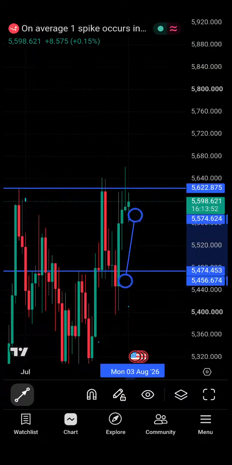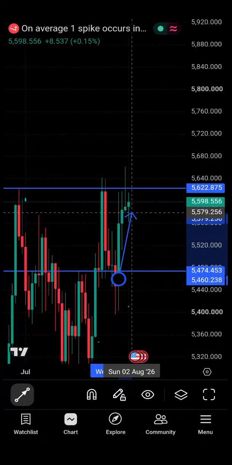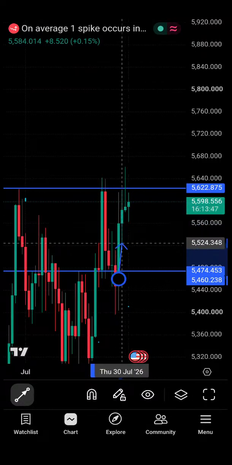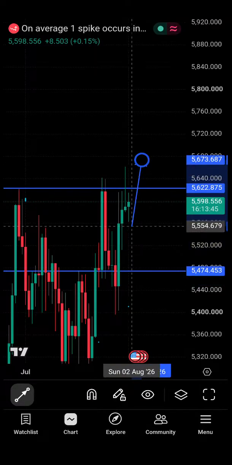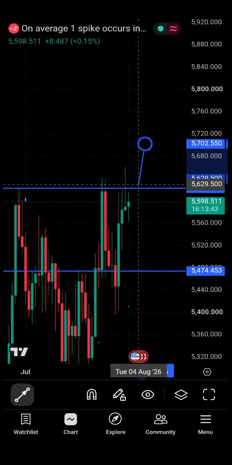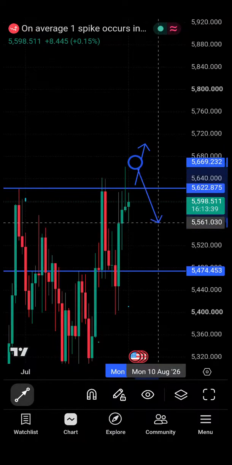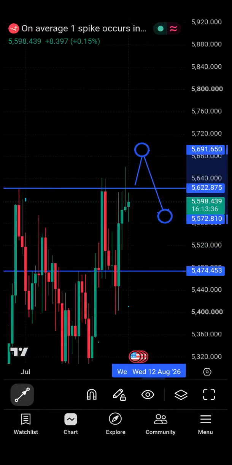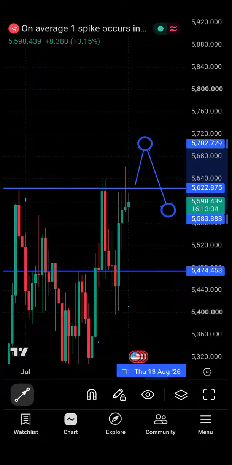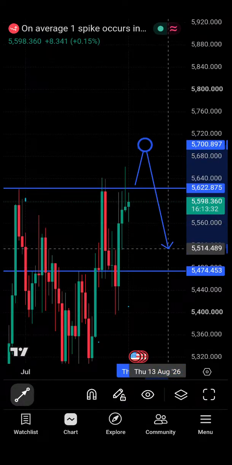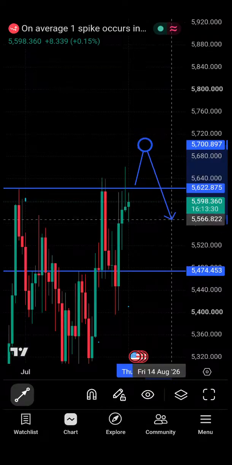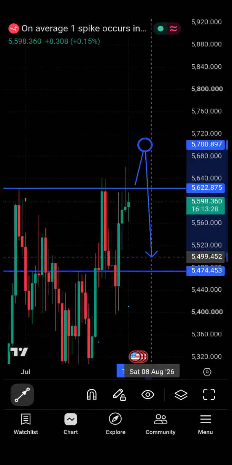We should look for confirmation around here. If you want to buy Boom 600, wait for a breakout and a retest, then look for buying opportunities.